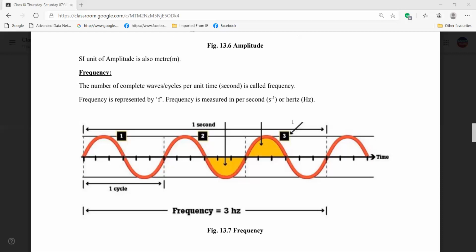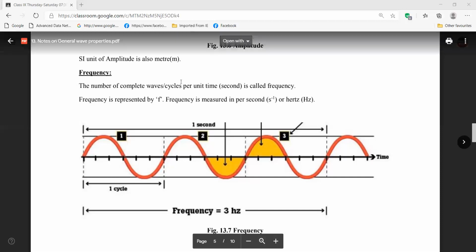So what did you do today? We did wavefront today, right? Then after wavefront, we did wavelength. Then we did crest, trough, compression, rarefaction, right?